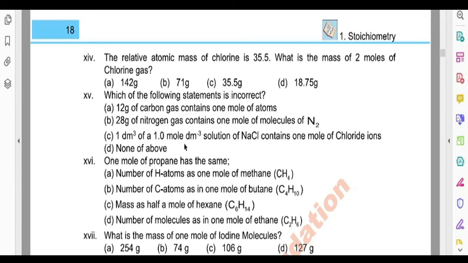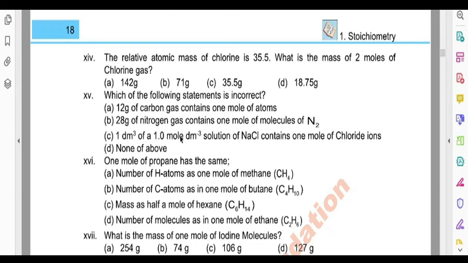So 1 mole per dm cube means that in 1 dm cube we will have 1 mole of sodium chloride, and 1 mole of sodium chloride upon dissociation produces 1 mole of sodium ions and 1 mole of chloride ions.